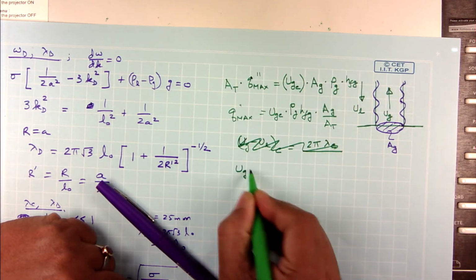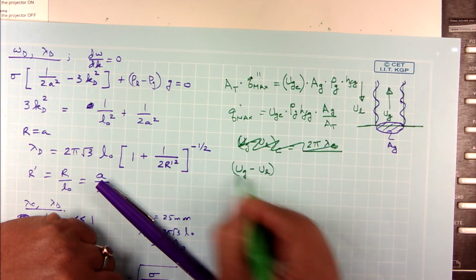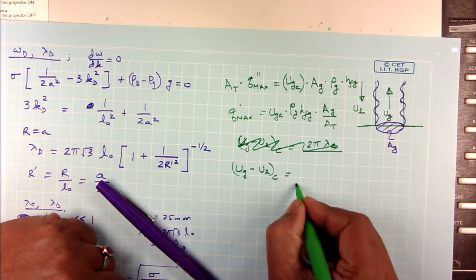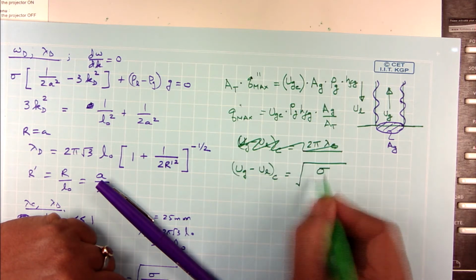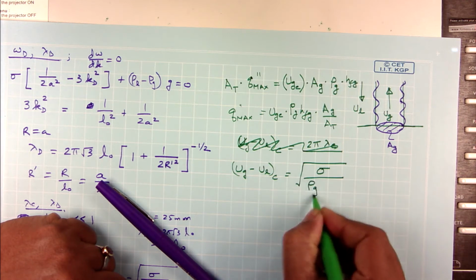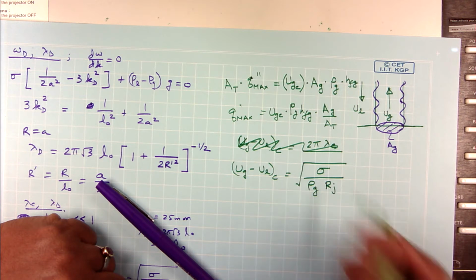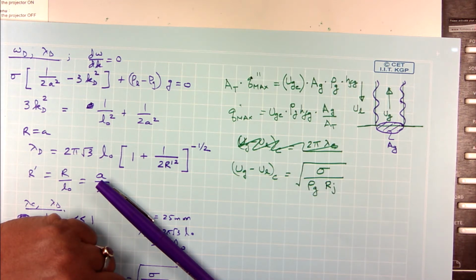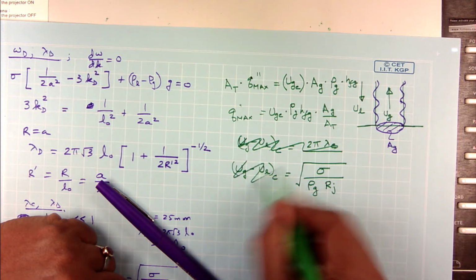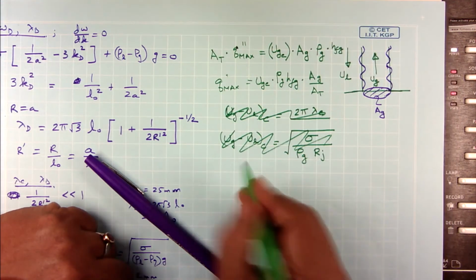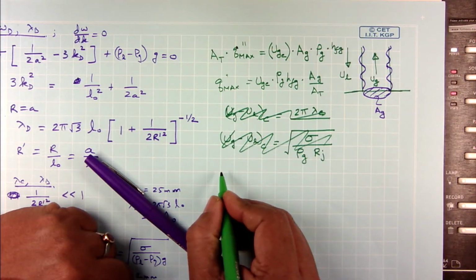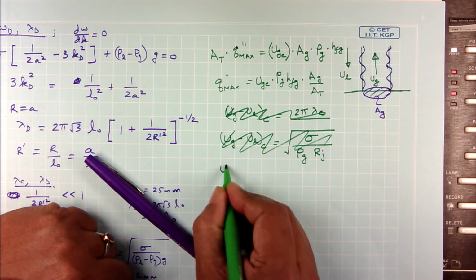My UG minus UL, this critical velocity we derived, was equal to sigma divided by rho g times radius of jet. Actually, let me take a step back before we get there. What did we derive from Helmholtz instability?